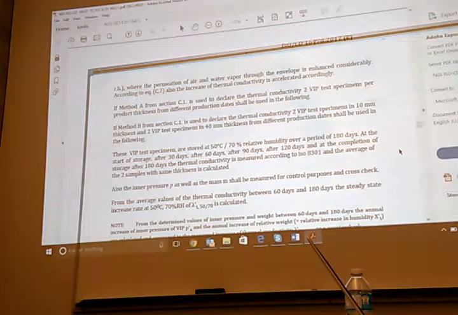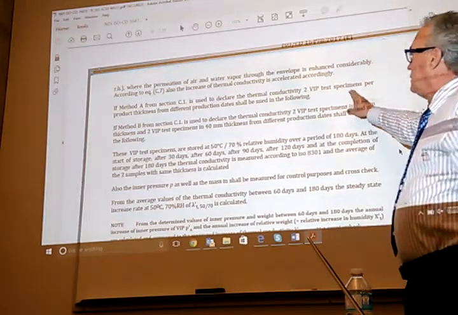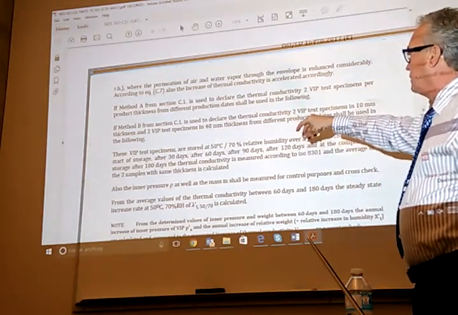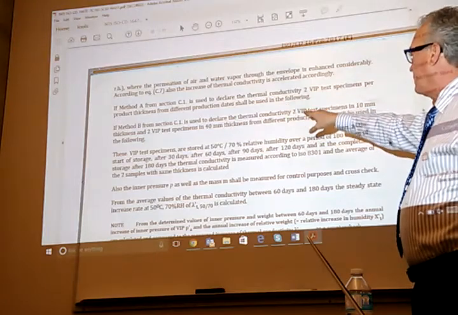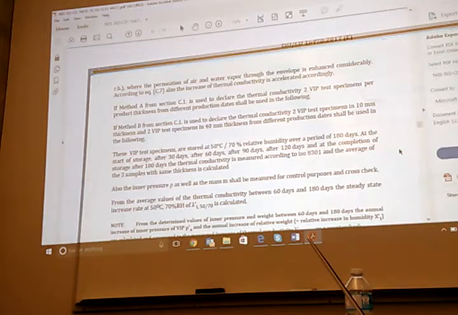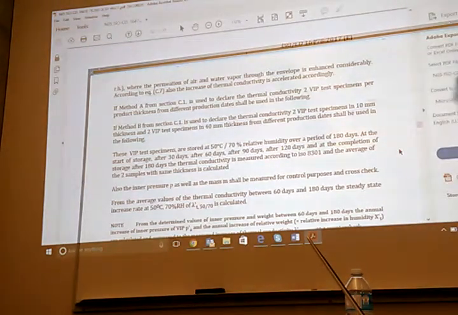So basically, this is gone. And this we turn into saying the thermal conductivity shall be declared from 2 VIP tests, and so on and so forth. Okay, I'll rephrase that one. So method A is taken out, method B is rephrased, okay?